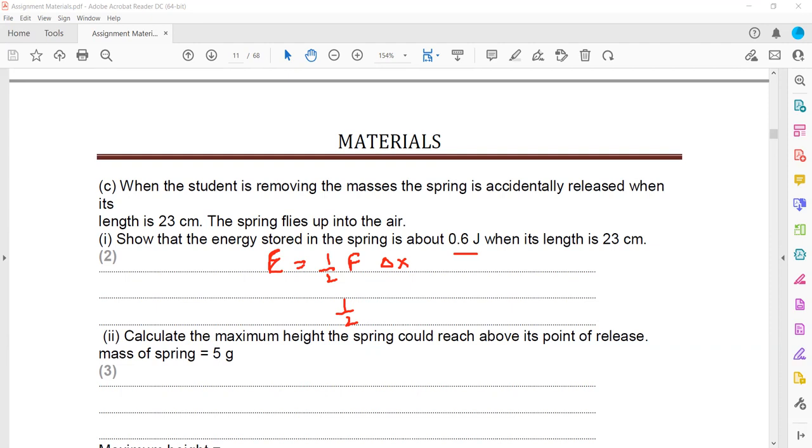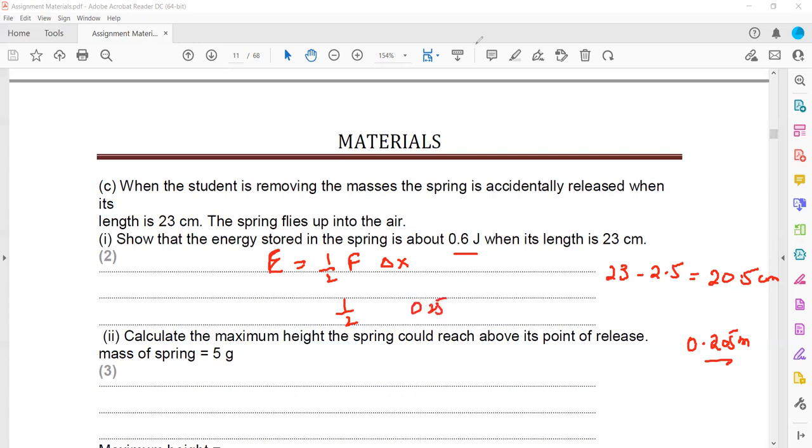How to get extension? Original length is 2.5, new length is 23. So it will be 23 minus 2.5, that is 20.5. So 20.5 centimeters, we convert it to meters. So 0.205 meters, that is the extension.